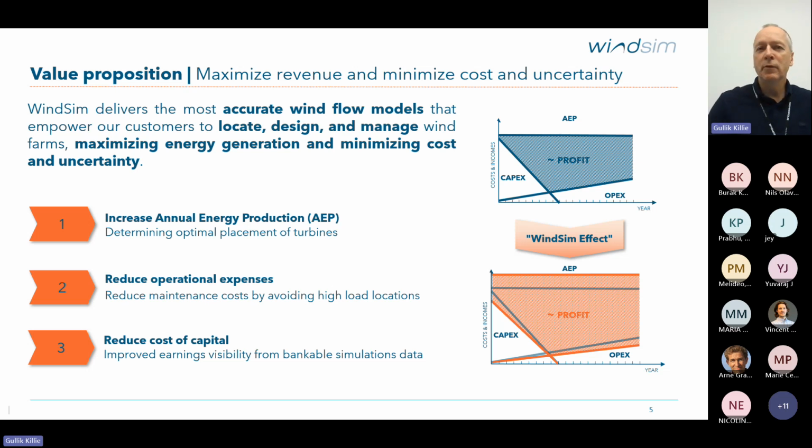We will give you information that allows you to position turbines that avoid recirculations, turbulences, and so on, that increase your maintenance cost. And in general, through accurate models, you will have better visibility and higher certainty on your production estimates.